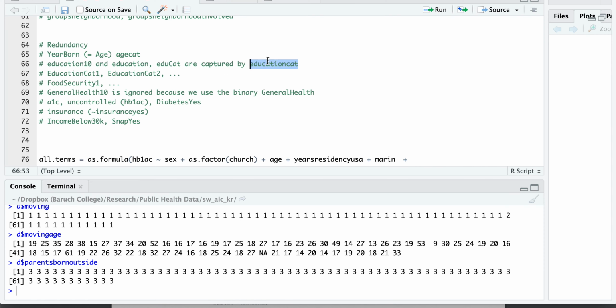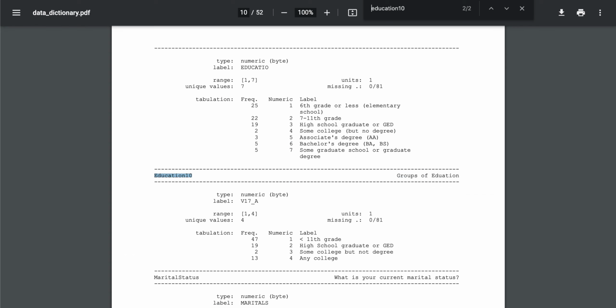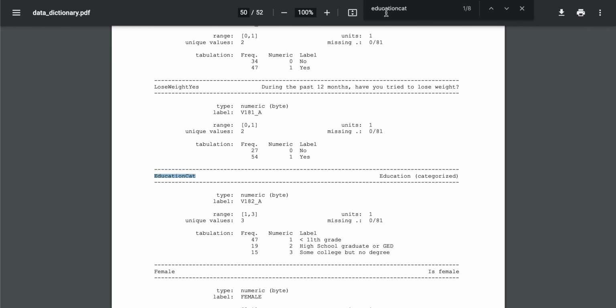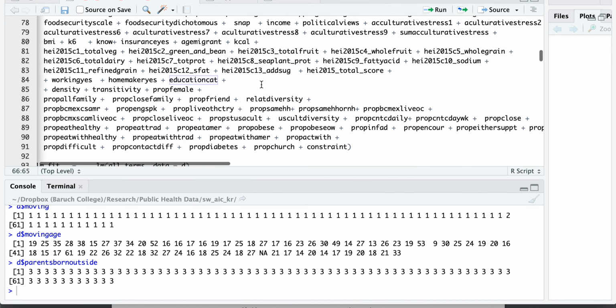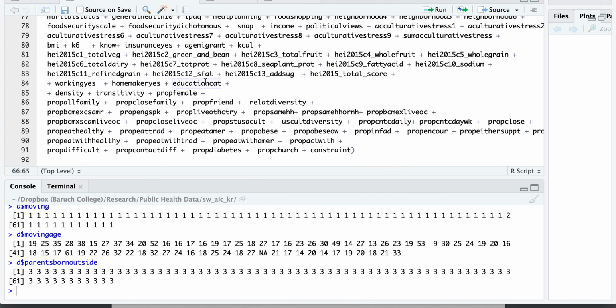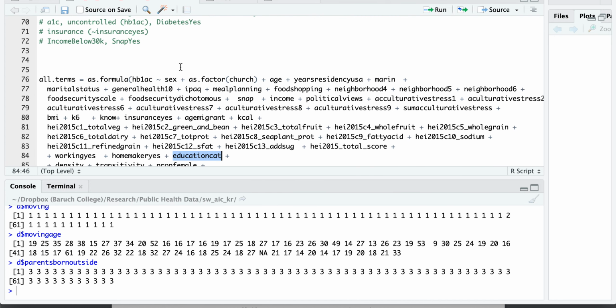Sorry, education cat. So this is what happens. You have many categorical variables which are saying more or less the same thing, but they're collapsed in different ways. But here, anyway, we're using this one. I will use this one because it's more balanced in the categories we have, and that's what I have written here. And so it will show itself up somewhere here. Okay, here we have it. But it's going down the list.